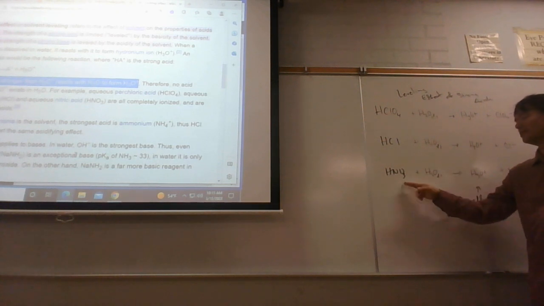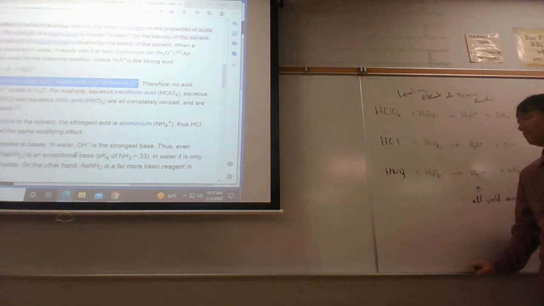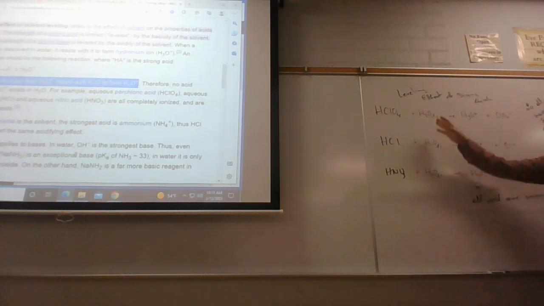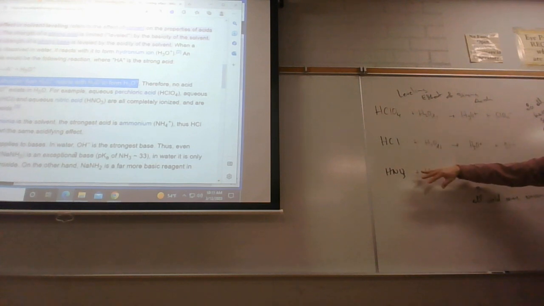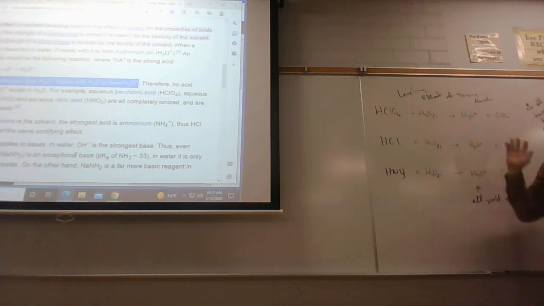And H2O versus HNO3, water. Water is the base. In fact, water is going to have no problem plucking the proton off all three of these. And therefore, none of them were strong enough to provide any resistance to water.